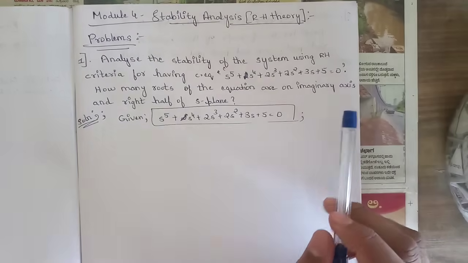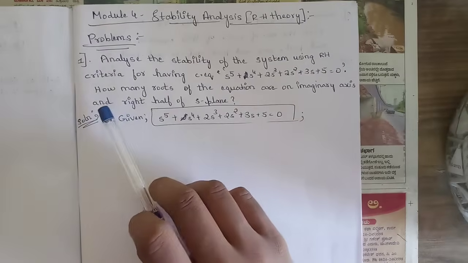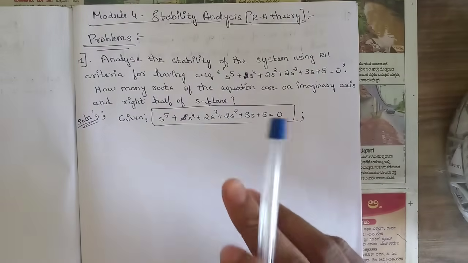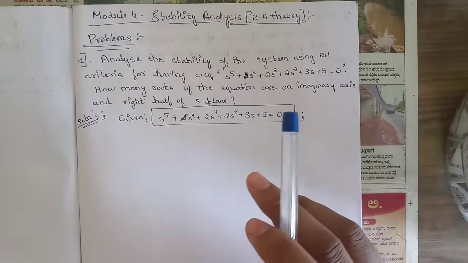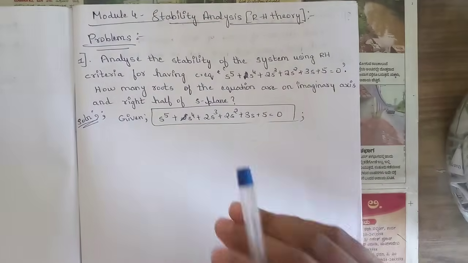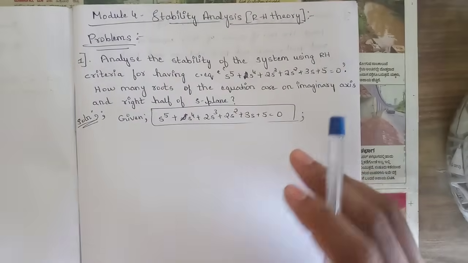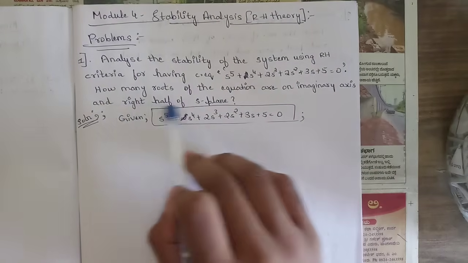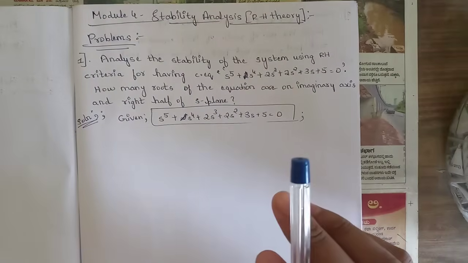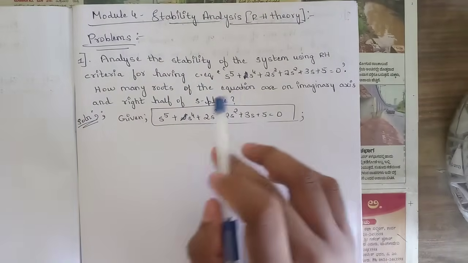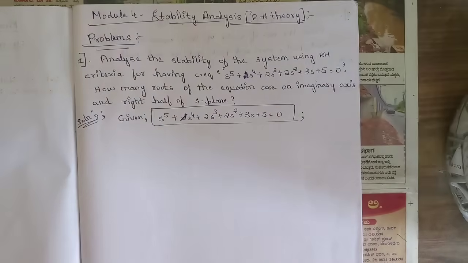If the question asks how many roots are in the right half of the S plane, we know that whenever the roots are in the right half of the S plane, the system is unstable in nature, right? If there is no root in the right half of the S plane, we can say the system is stable. Imaginary axis roots mean the system should be marginally stable.